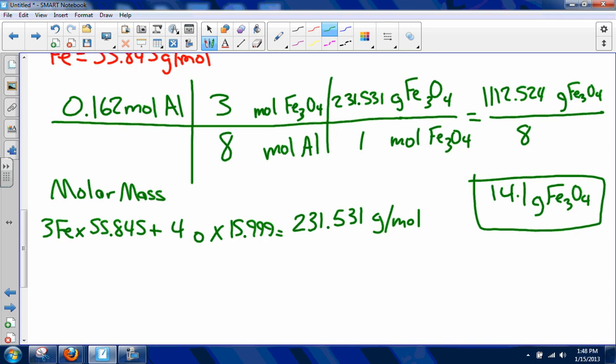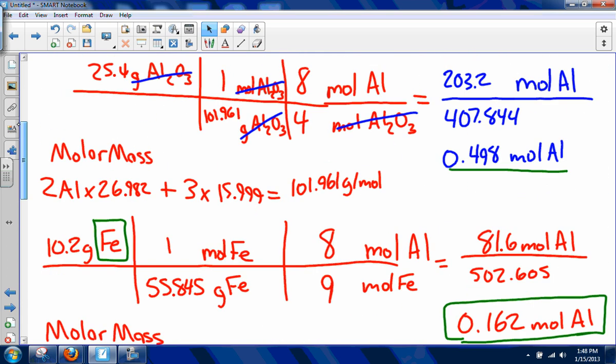All right. So we should have gotten, let me make sure, that was supposed to be 112. Okay. So we got our answer, 14.1 grams of Fe3O4.